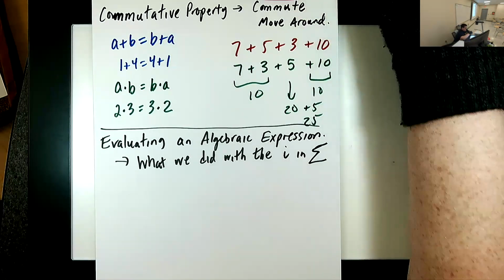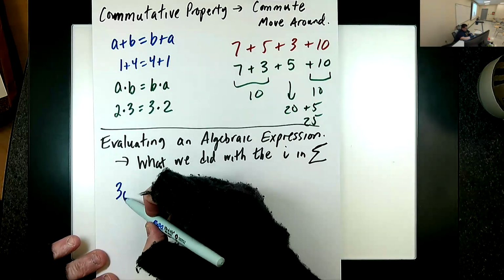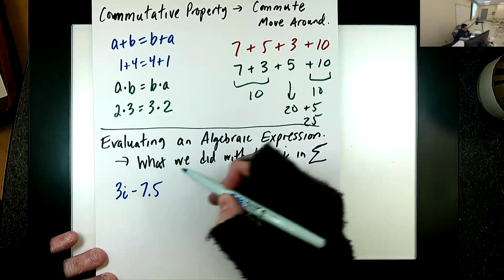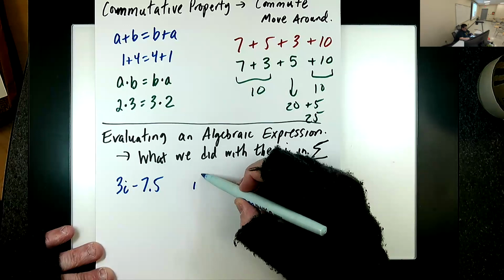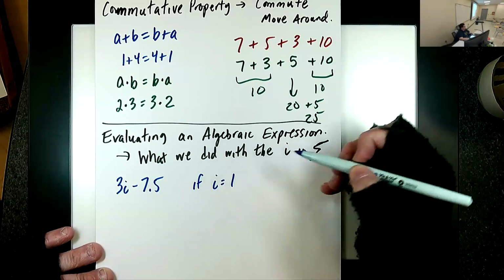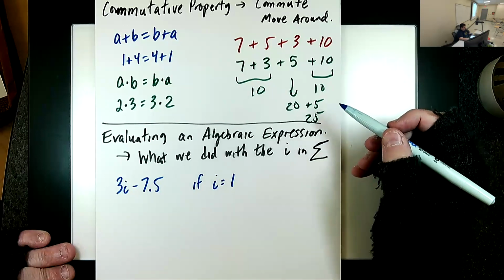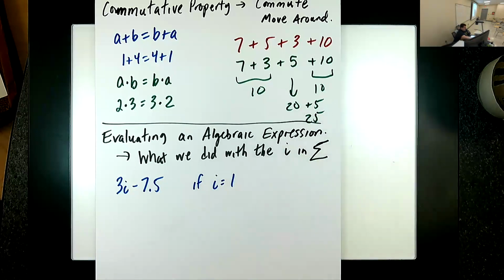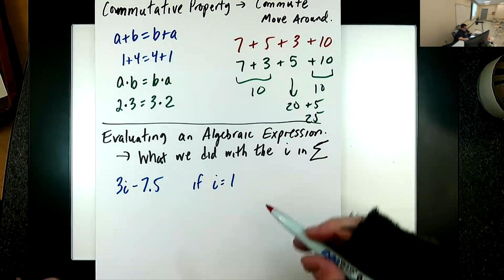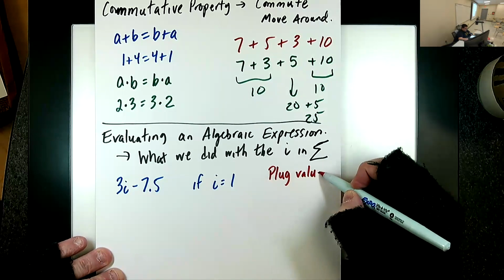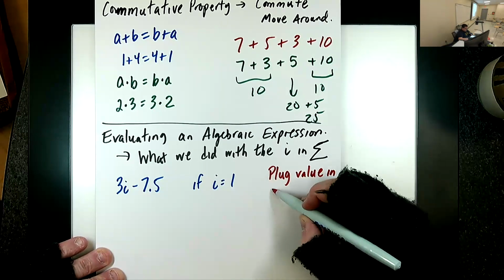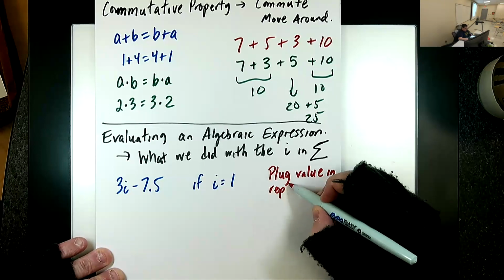So we had 3i minus 7.5. And then we said, what is this value if i equals 1? Evaluate means plug the value in, replacing the variable.